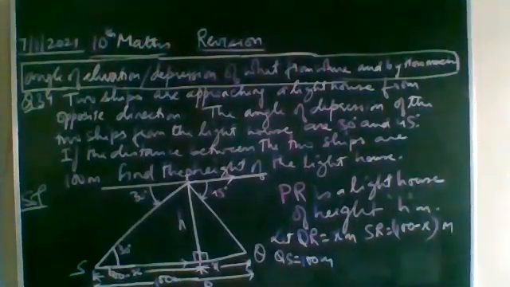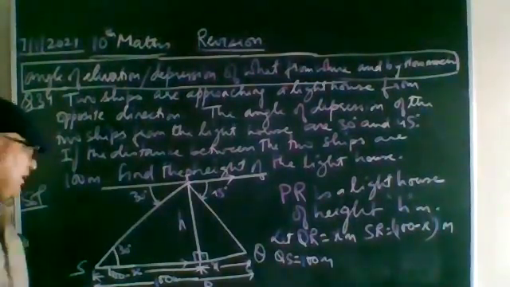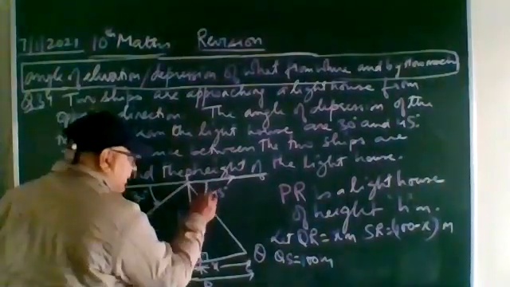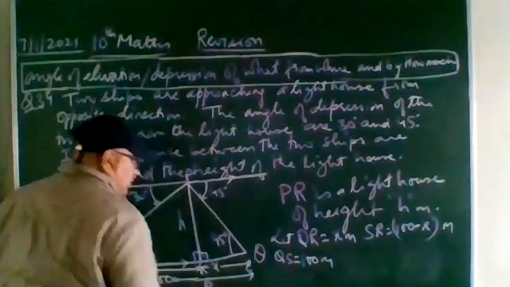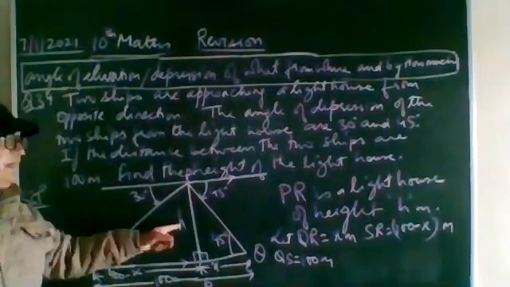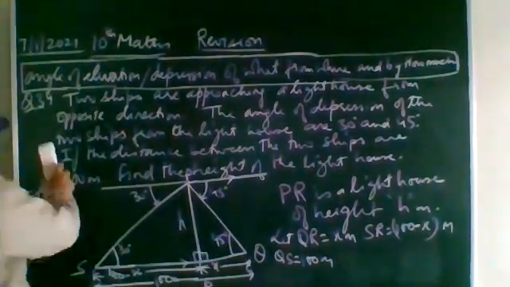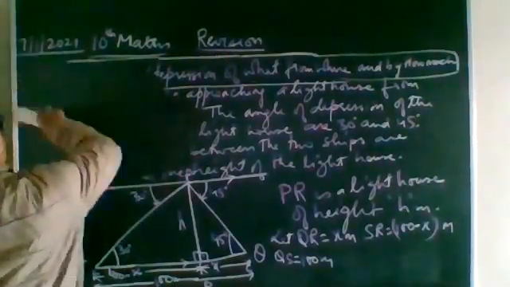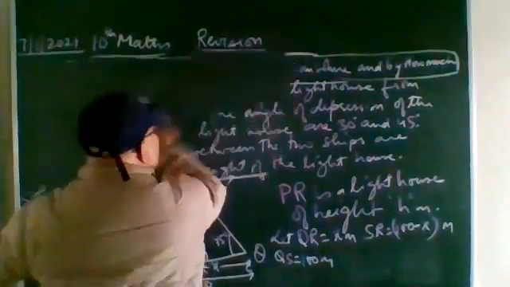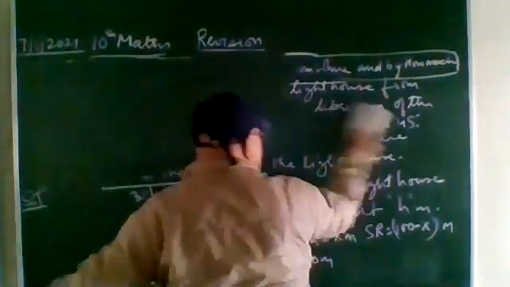One is PRS, another is PQR. This is 45 degree. Have a practice, write this 45 degree. So two equations you will get.